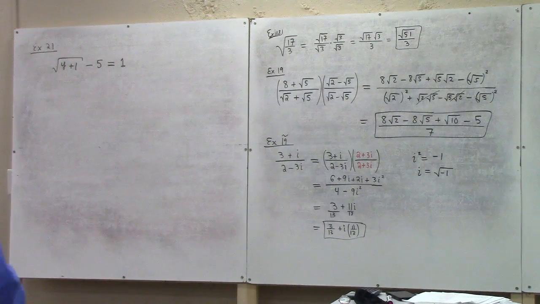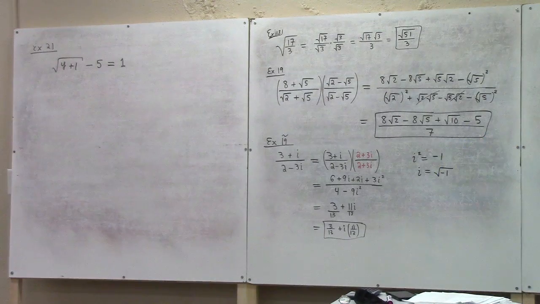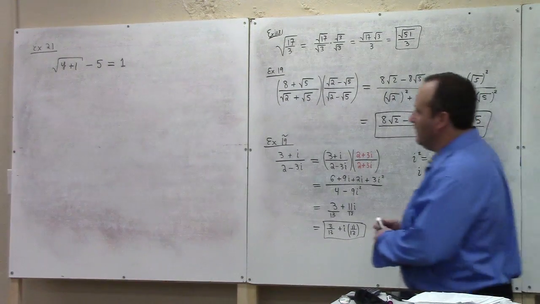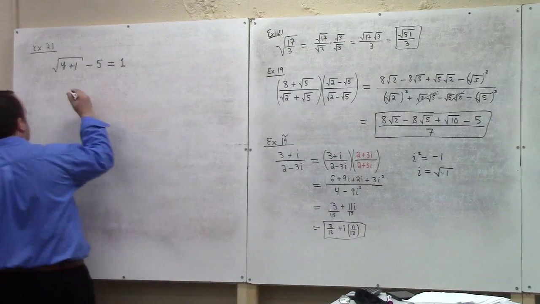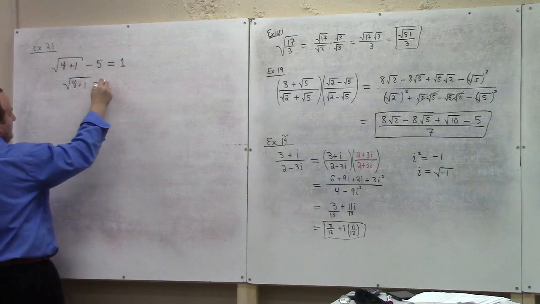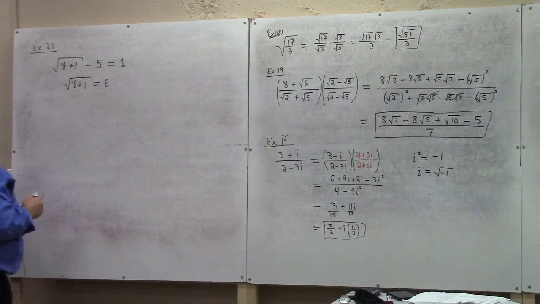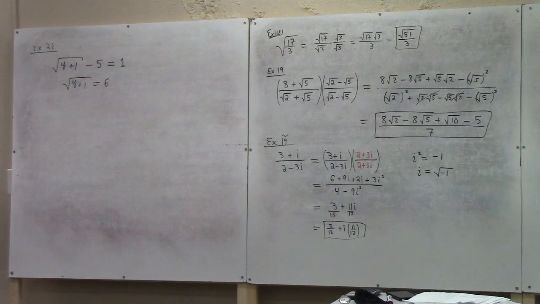I think, first of all, move the 5 to the other side, right? That will give us the square root of y plus 1 equals what? 1 plus 5, which is 6. Then let's square the equation, right?